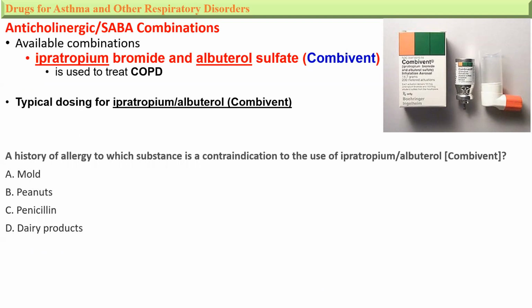Combination drugs like ipratropium and albuterol combined in one drug called Combivent are used to treat COPD. Combivent is more popular than other beta agonist anticholinergic combinations.